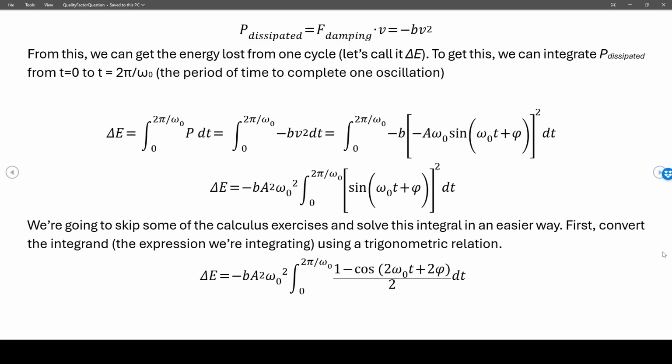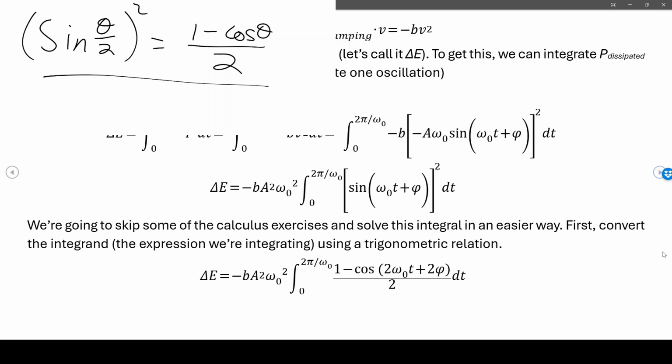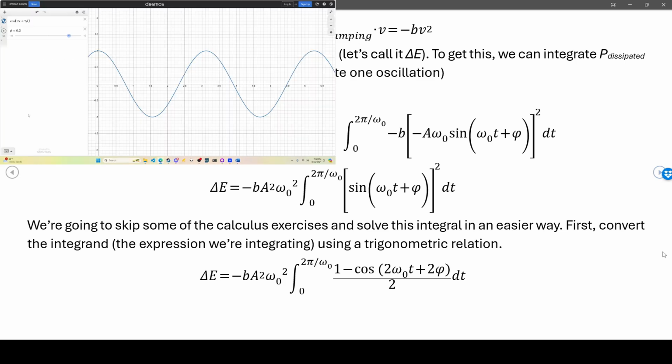We know that sine squared can be transformed using a trigonometric relation, the half angle formula: 1 minus cosine of 2 omega naught times t plus 2 times the phase shift, all over 2. If you look on the screen, you can see this graph of cosine.